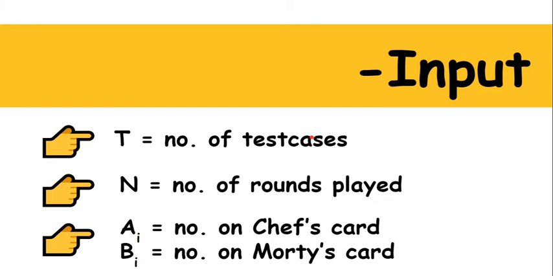The second line is going to contain n, that is, the number of rounds played, or the number of cards which are present, right? Now let's move on. We have Ai and Bi, and what are these? These are the numbers on Chef's and Morty's cards, like which positive integer is present on the card, denoted by Ai for Chef and Bi for Morty.